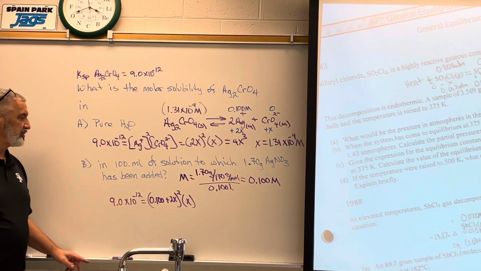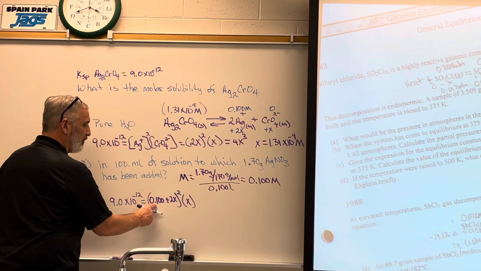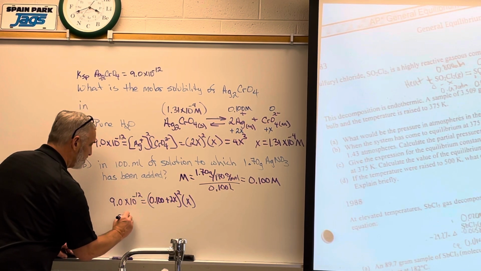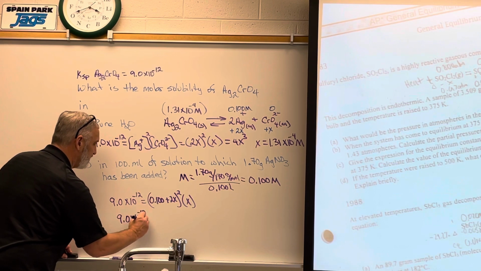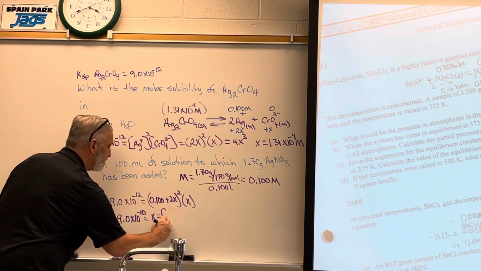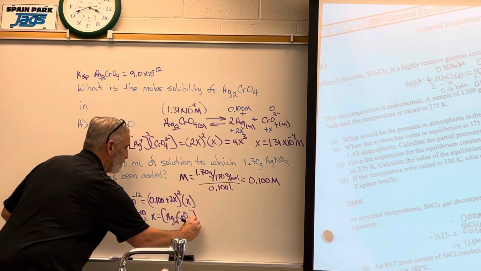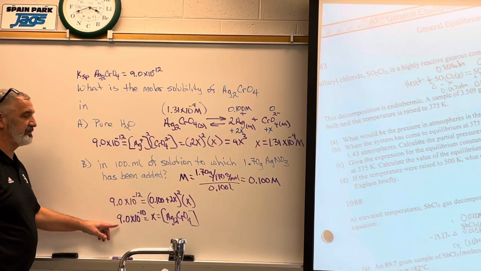Okay? So 0.1 squared is 0.01, or 10 to the minus 2, so that comes out to 9.0 times 10 to the minus 10 equals x, which is the silver chromate concentration. So notice what happened to the solubility.